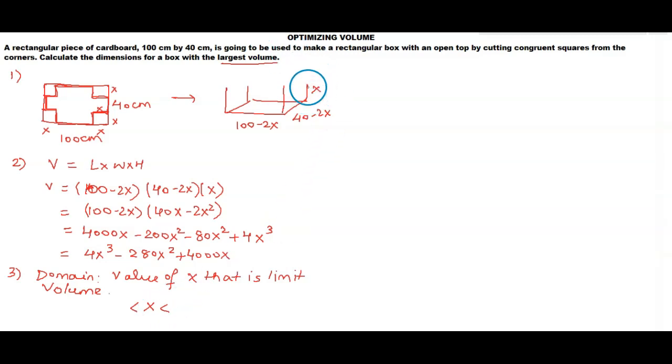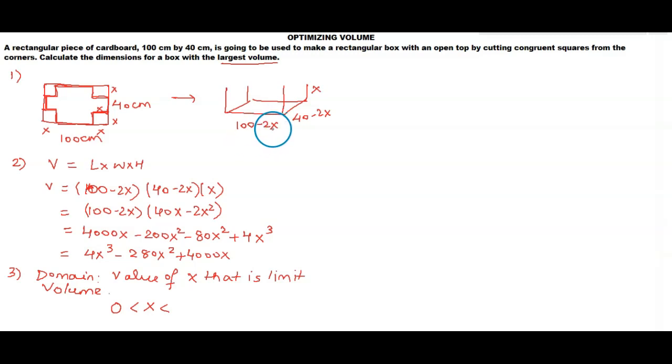x is nothing but height. If we have a negative height, we would not have this shape ever possible, because the dimension of the shape cannot be negative. So the minimum x that we can have is definitely 0. We cannot have it negative. Now what could be the maximum value of x? Your maximum length that you see for this is not even 100, so definitely our x cannot be 100.